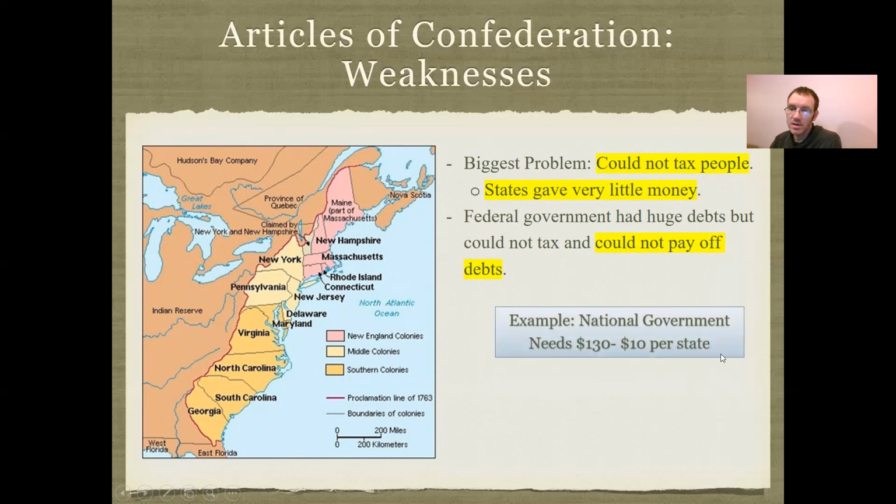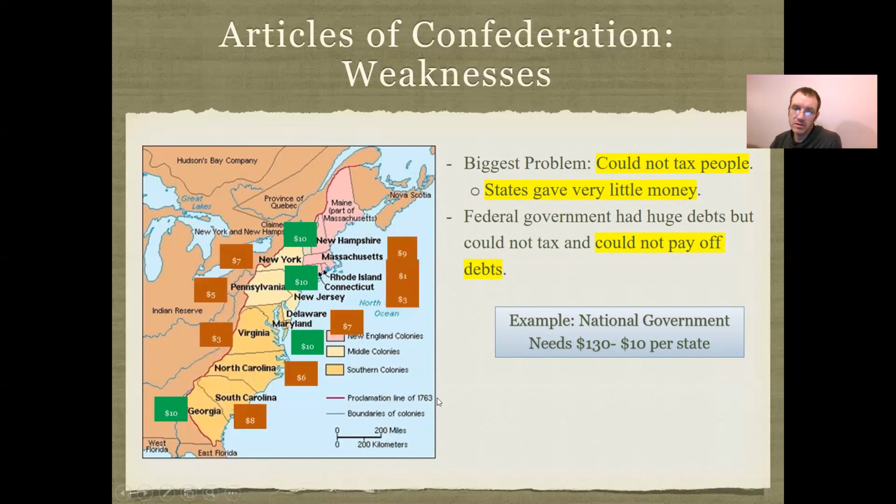So imagine this. Let's say that the government needs $130 to run. Obviously, it needs more, but that's an easy way to think of this. So each state, if it gives $10 to the national government, the government will run the way that they want it to. So you have 4 states give $10. They do what they're supposed to. But the rest of them, because there's so many things going on, they give less.